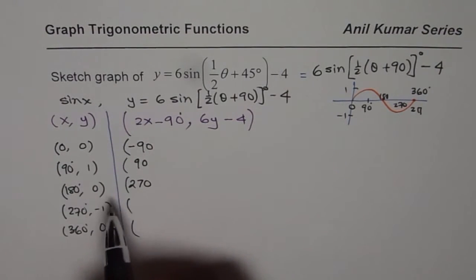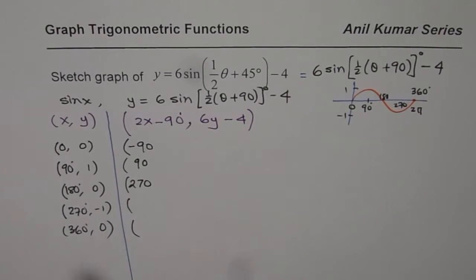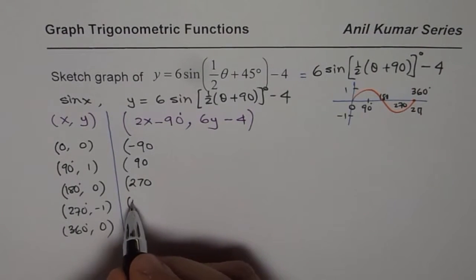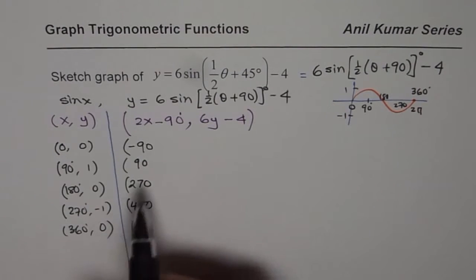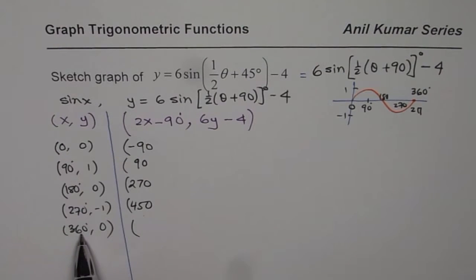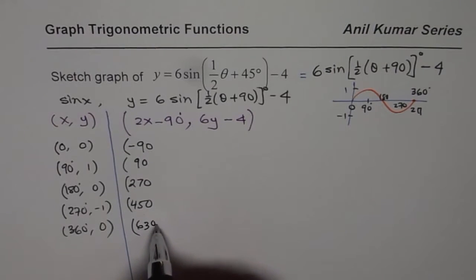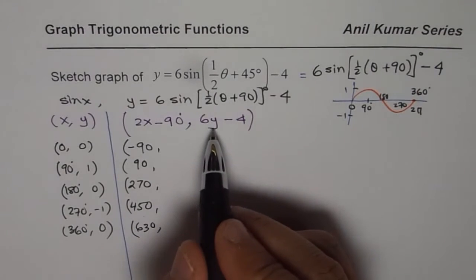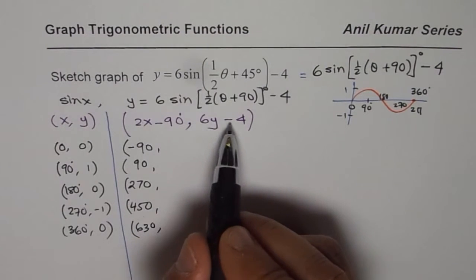You can do your math also here. So 2 times this, like this you can go on, correct? So 540. Taking away 90 is, first take away 100 and then add 10, so 450. Now 2 times 360 is 720, take away 100 and add 10, so 630. So we get these x values.